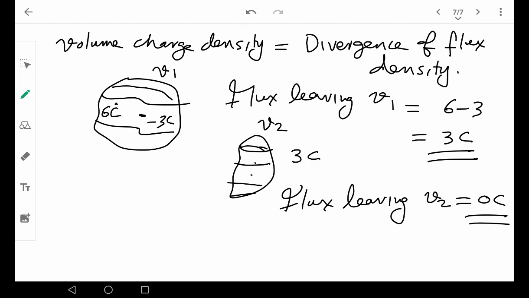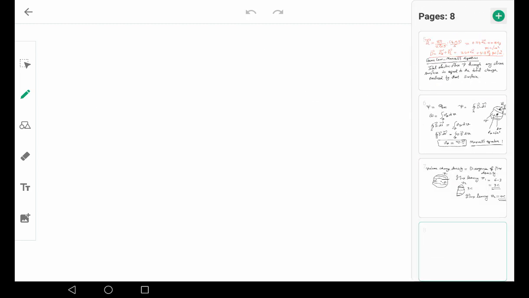So this Gauss law gives how much flux is leaving a particular volume, and that flux is equal to the charge enclosed by that volume. This is something that you have to remember. Now we'll see something about the applications of Gauss law.